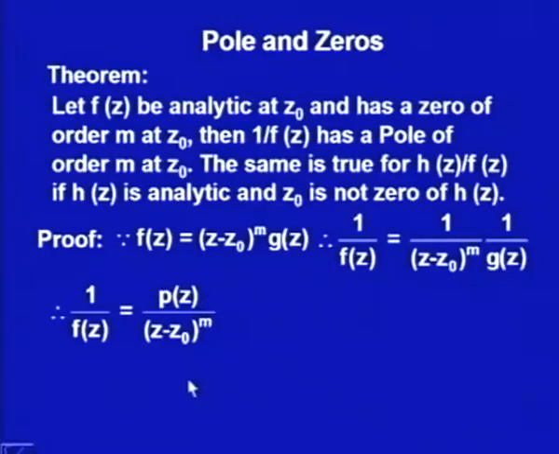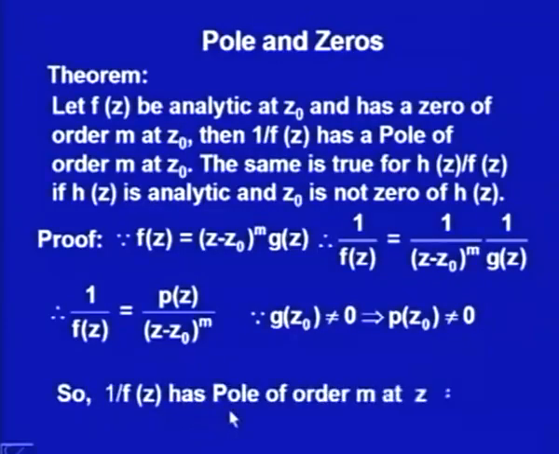What it says is that I am getting a principal part with m terms. So z naught should be a pole of this new function, and the order of that pole must be m. Since g(z naught) is not 0, p(z naught) will also not be 0. So 1 upon f(z) has a pole of order m at z equal to z naught by definition.